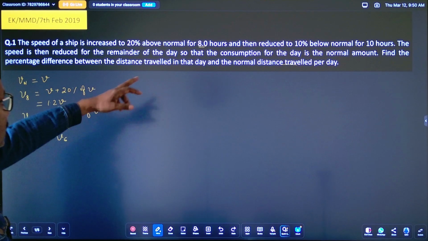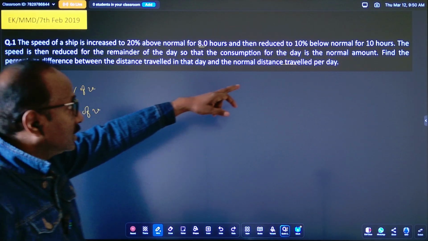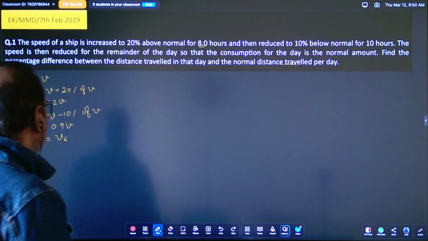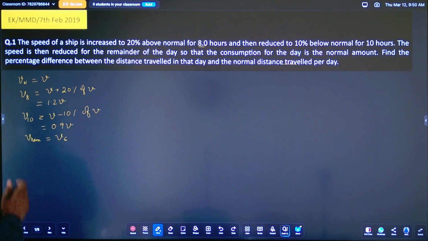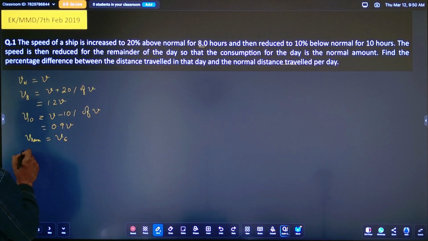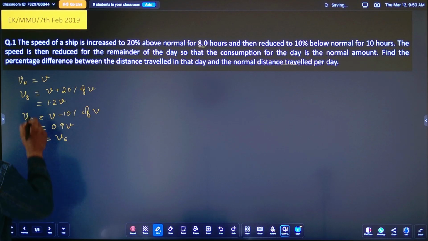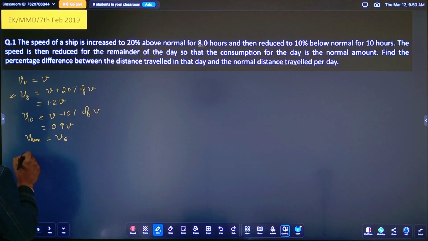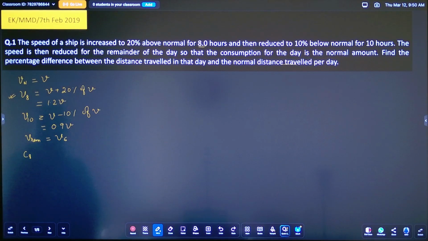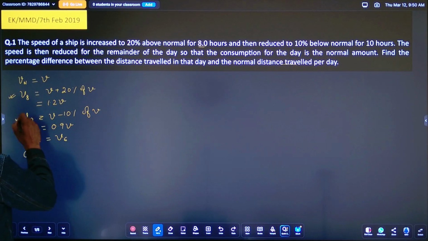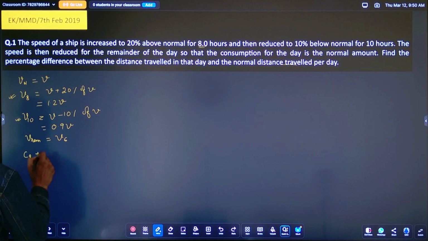Now the condition is given. The consumption for the day is the normal amount. So if we say that when the ship sailed with V8, in 8 hours the consumption was C8. When it sailed with V10 for 10 hours, the consumption was C10.